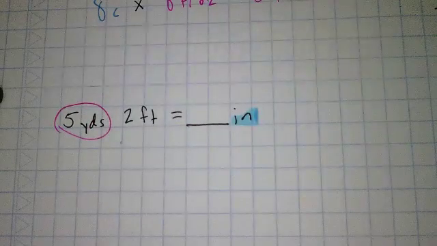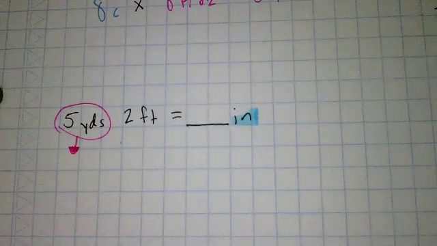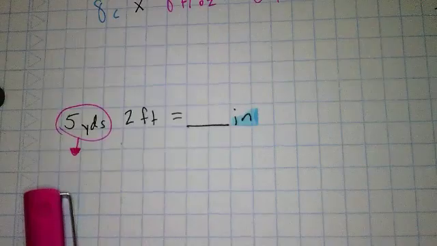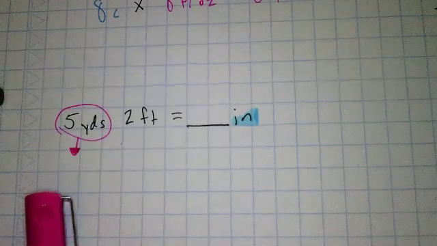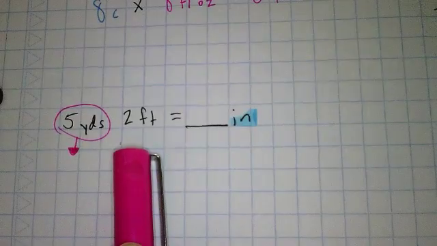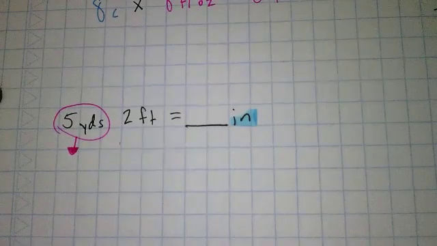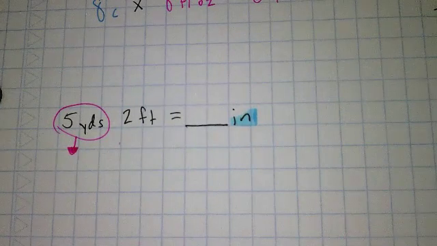Into feet. I'm going to convert them into feet, and then I can take those feet and add them to these feet, and I'm going to add my feet up, and from there I can figure out how many inches I have. Okay?